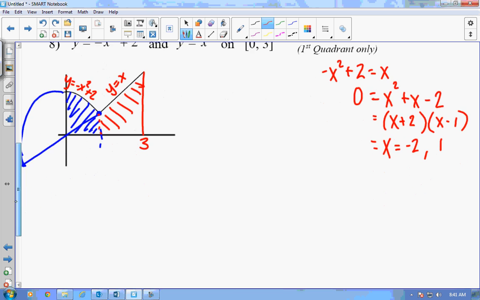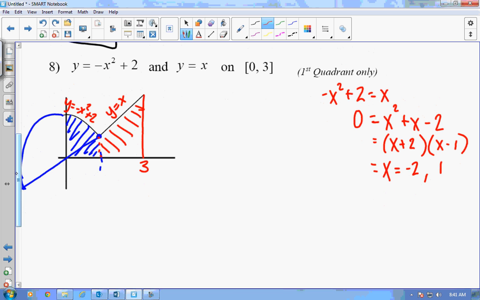Okay? So Ethan, we are setting up this area. How would you go about that? Remember, top minus bottom. Does that top function go for the whole section you've done from 0 to 3?